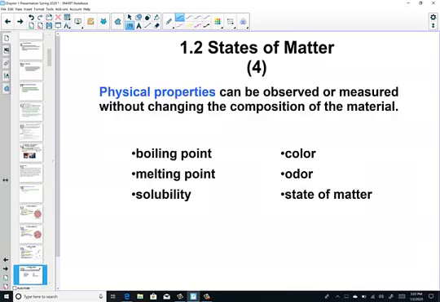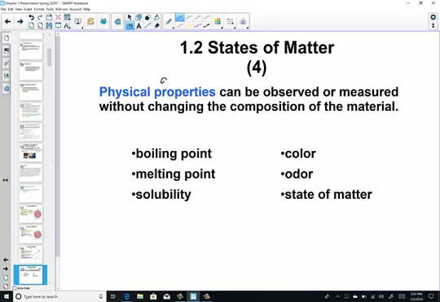When we think of the states of matter, we begin observing what are known as physical properties. These physical properties I think of as adjectives. What are things we can say about a material that is observed or measured, but does not change the composition of that material?